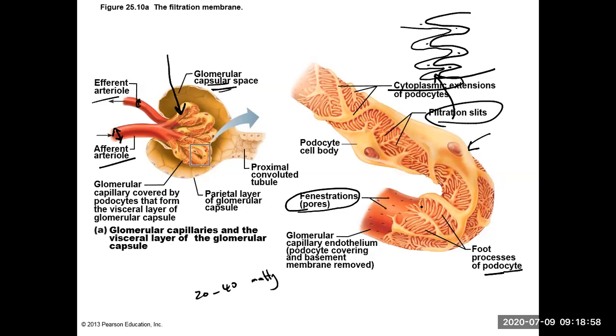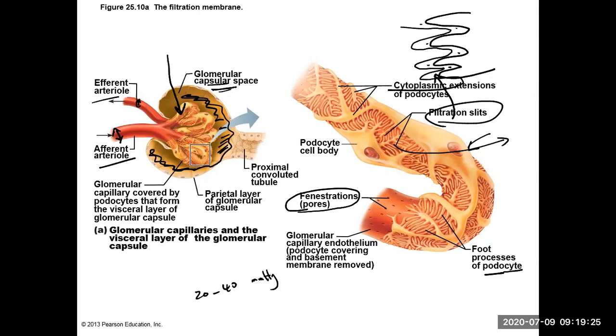So this is the stuff that does not pass. The smaller stuff passes through the filtration slit and ends up in this space, which is called Bowman's capsular space, or glomerular capsular space. This is called filtration.